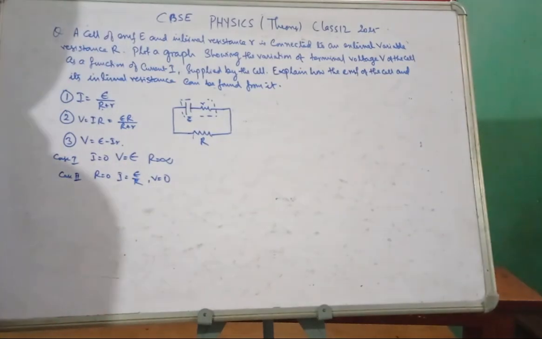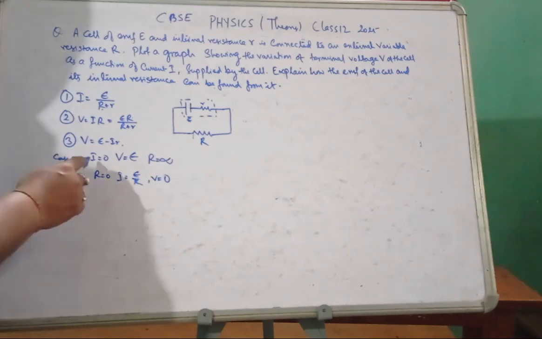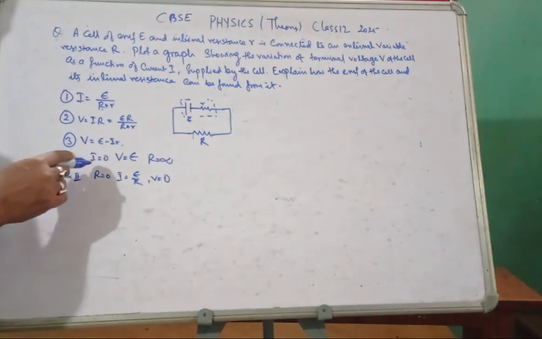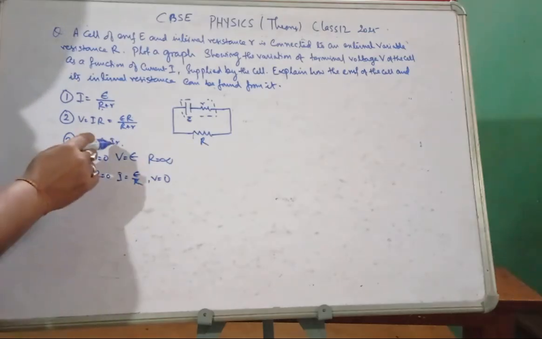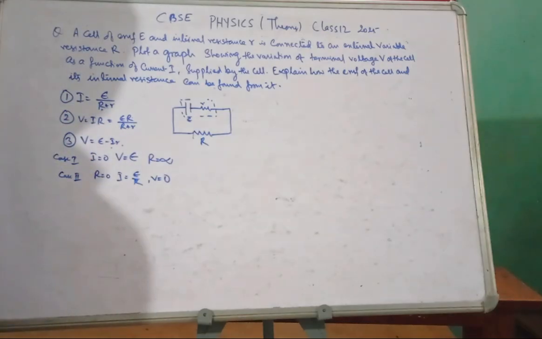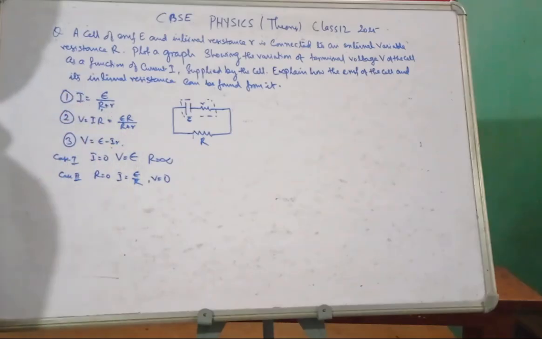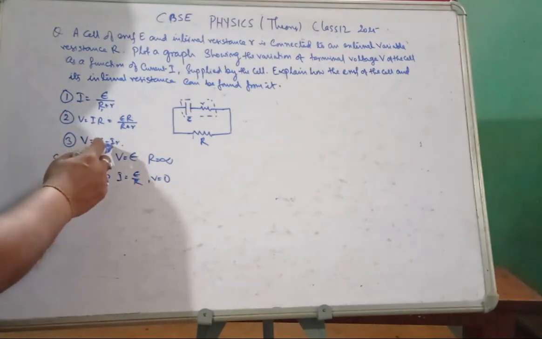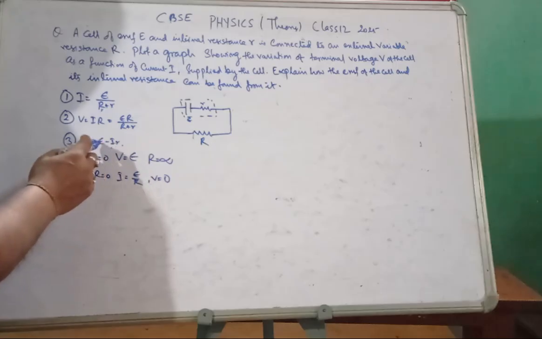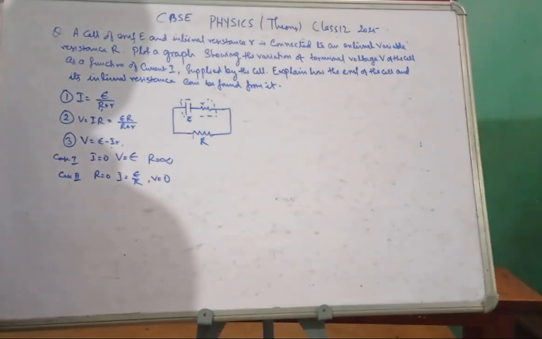So from here, you get two cases. When case 1, I is 0, then V is equal to epsilon, that means R is infinity. And when R is 0, then I is equal to epsilon by r, so V is 0.